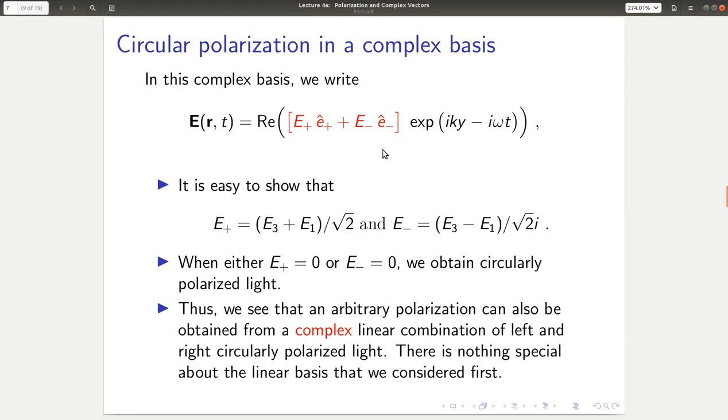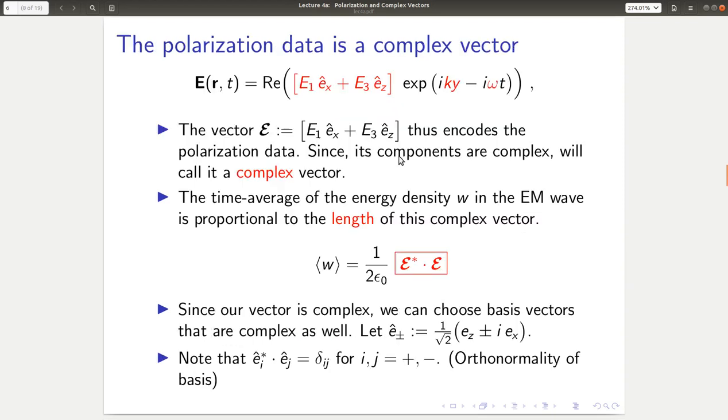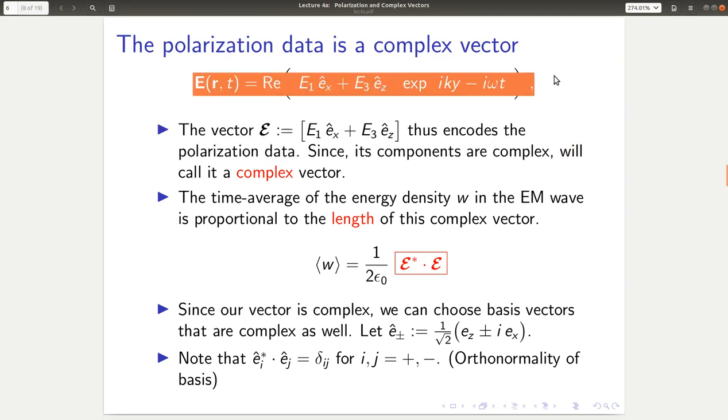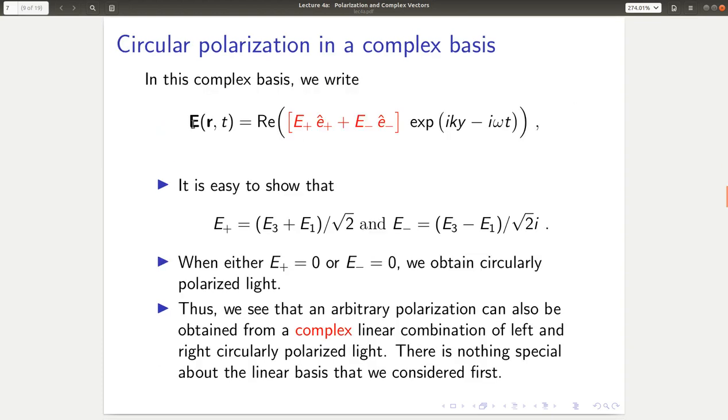And by just some trivial algebra, going back to the previous page and equating these two expressions, it's trivial to show that E plus is (E3 plus i E1) upon root 2, and E minus is (E3 minus i E1) upon root 2. Here i is the square root of minus 1.